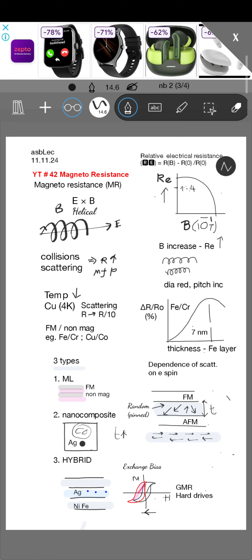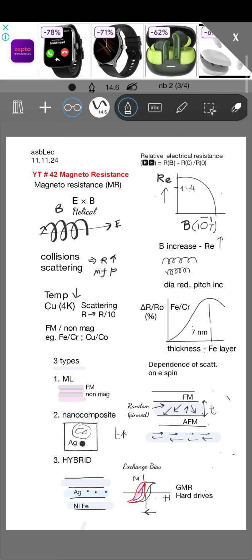It's basically a ratio of the change in resistance before and after the field divided by the resistance originally present. So it's RB minus R0 divided by R0. It's pretty simple. Now if someone plots this resistance with the magnetic field, that means if we increase the magnetic field, what will happen to the resistance?